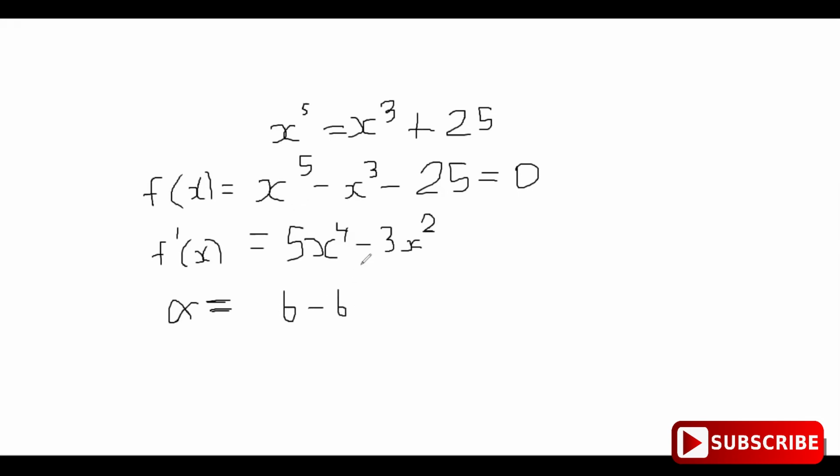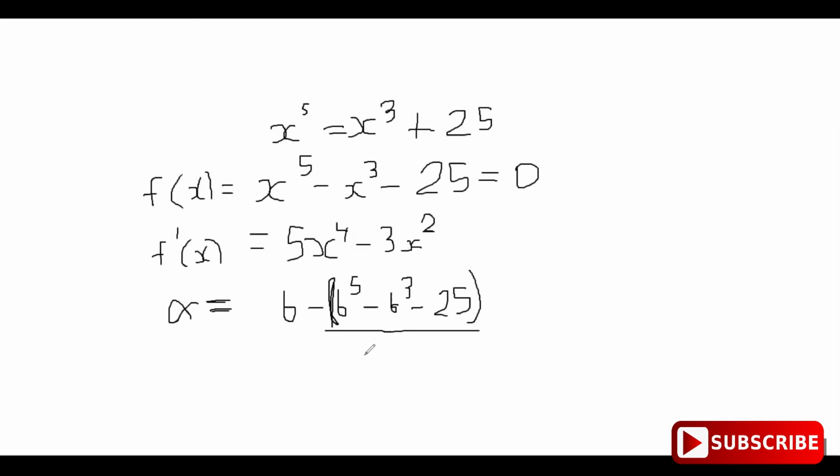f of B is going to be B to the 5th minus B cubed minus 25, so I change the x to B. It's going to be B minus f of B over f prime of B. If we wanted to call it x, then it would have to be x minus f of x over f prime of x, right?